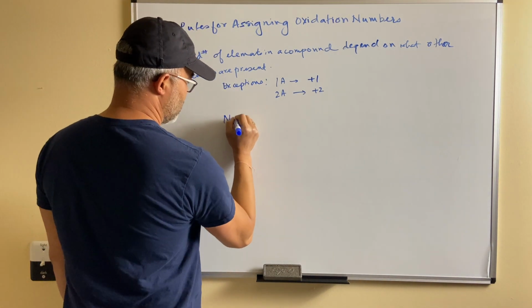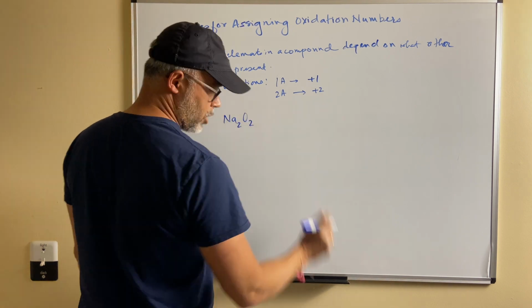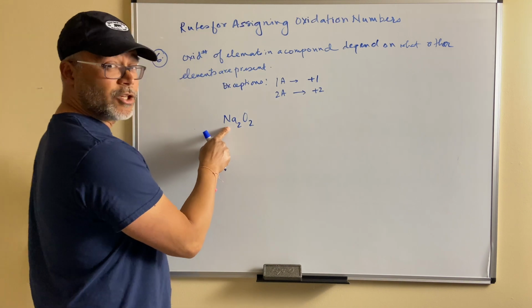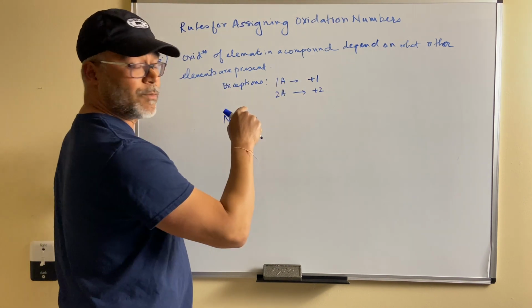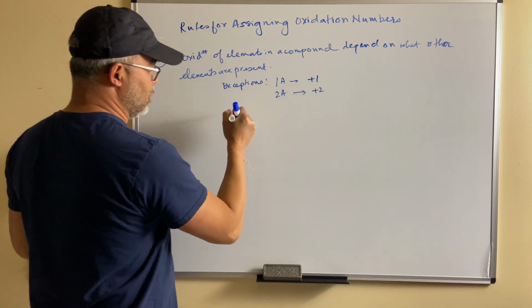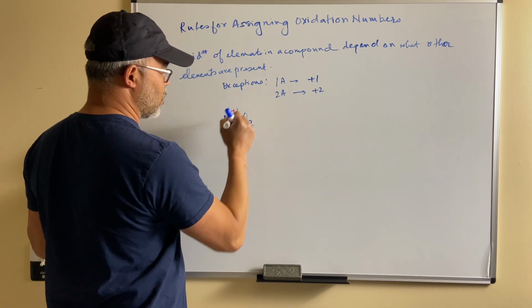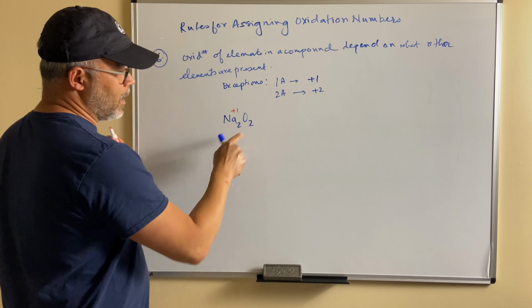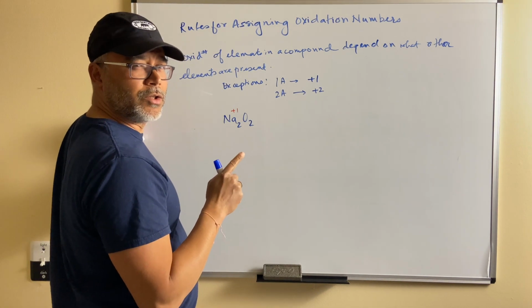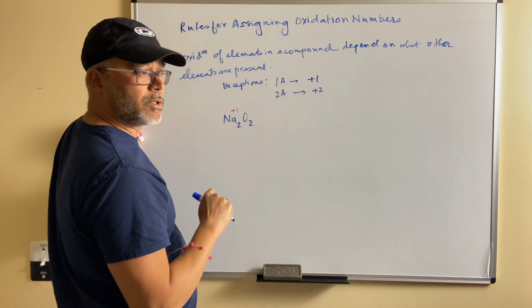example. Let's say we're trying to assign oxidation numbers to this compound. As you can see, sodium actually is in group 1A, so that's not an exception to the rule. So I'm going to use a different color out here. So sodium is actually +1 because it's in 1A. And then this oxygen, do not assume that it's -2 based on the previous set of rules, okay?